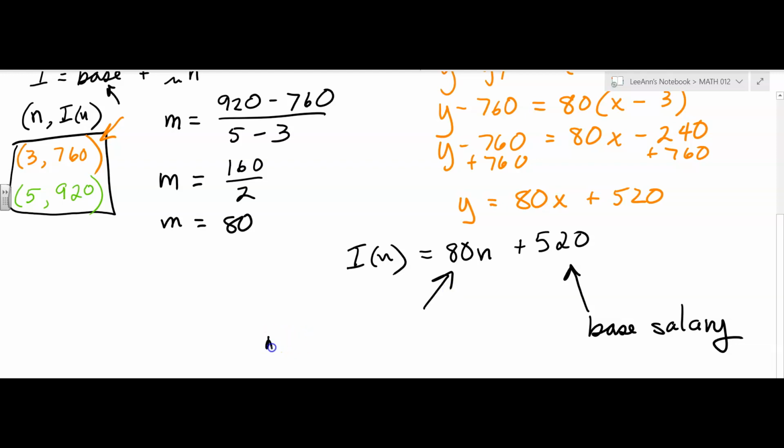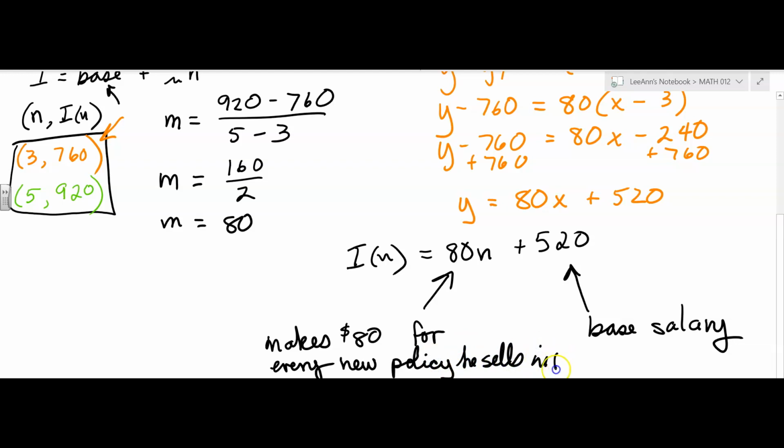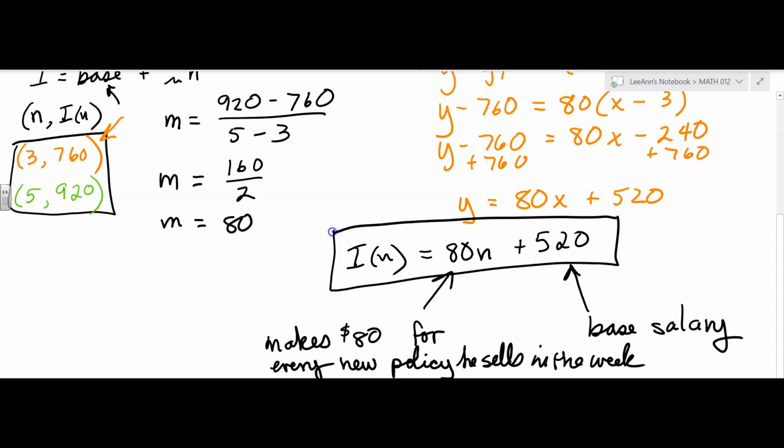So he makes $80 for every new policy he sells in the week. Okay, so you don't have to necessarily write all that out, but that's what's going on. That's what the equation that we have means. He gets $80 per new policy that he sold, but he also gets a base salary of $520.